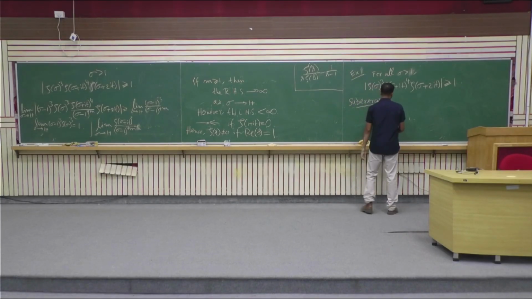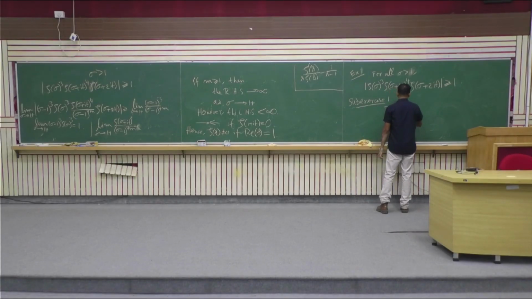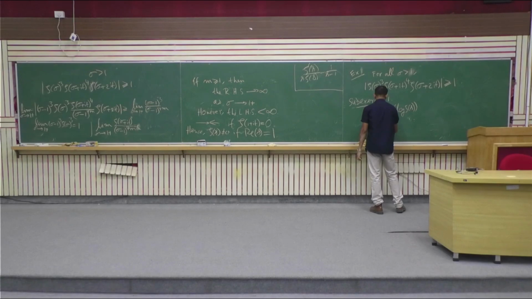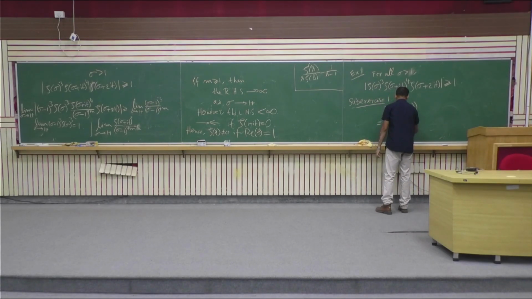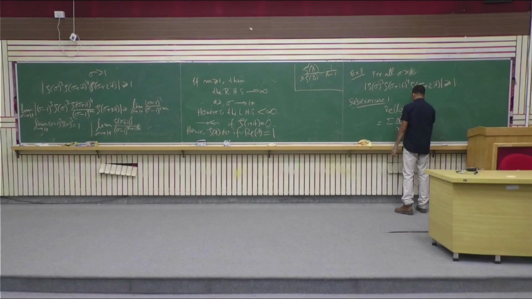show that the real part of log zeta s is given by the summation of lambda n by n to the power sigma, log n times the real part.